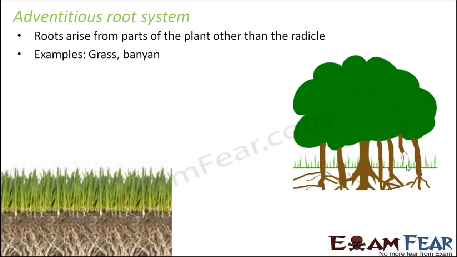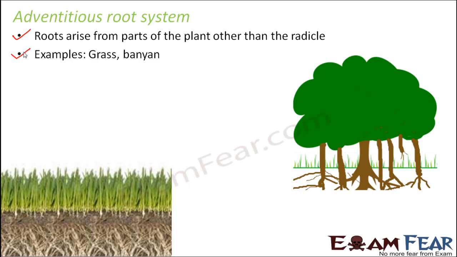It is really interesting to see them. Again, here also the roots are not developing from the radicle, rather the roots are developing from the branches of the same plant. In these kind of plants, we see that the origin of roots is different. They do not arise from radicle, they arise from some other part of the plant. So they are known as adventitious root system.